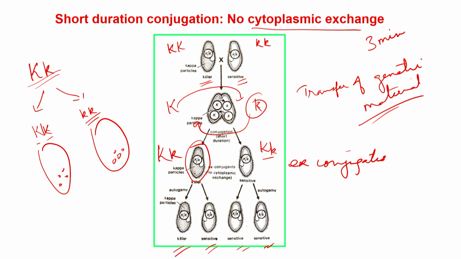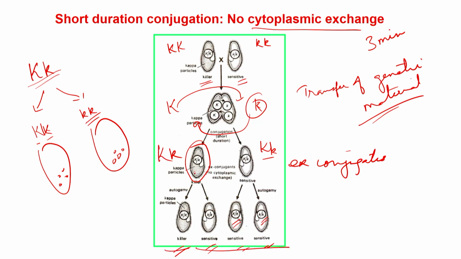So, therefore, the kappa particles cannot proliferate, and so they remain as sensitive, and this will remain as sensitive because there were no kappa particles inherited. So, though they are capital K and small k, they remain as sensitive. So, you have 3 sensitive and 1 killer.